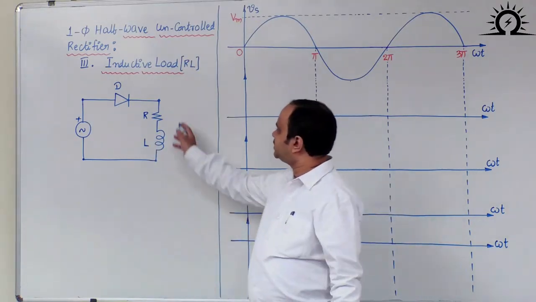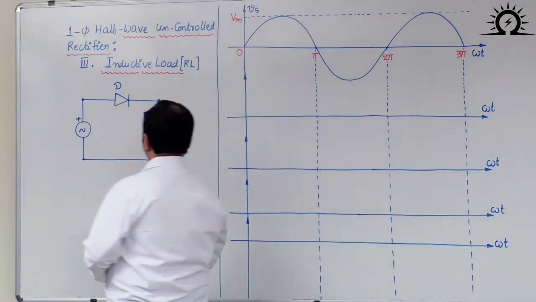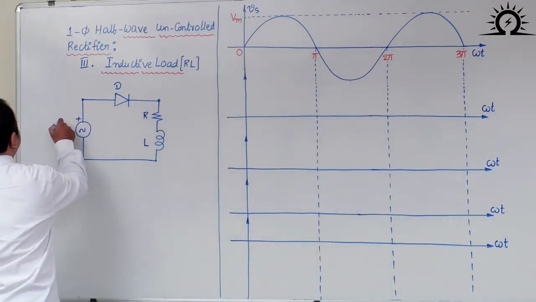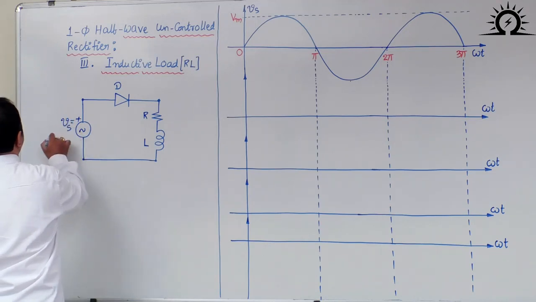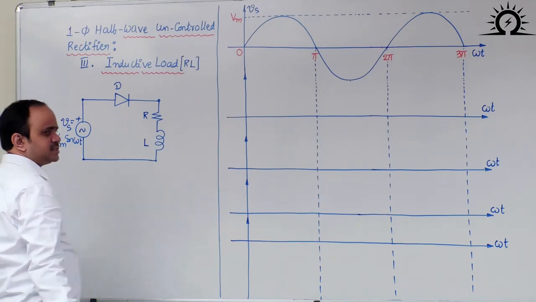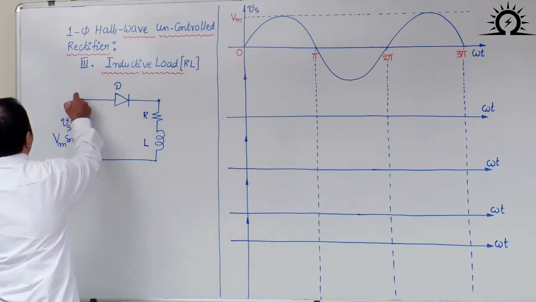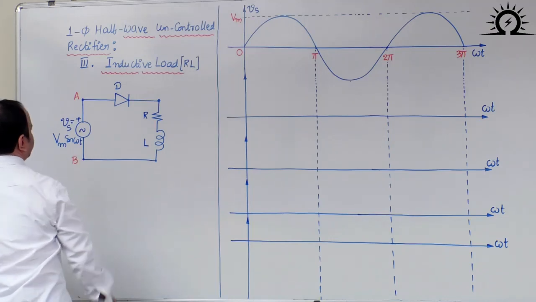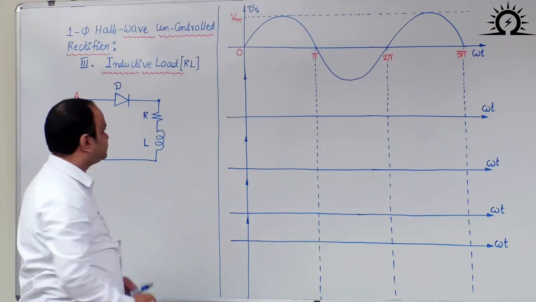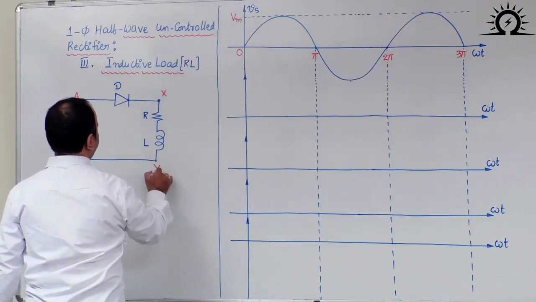All together is represented with some resistance symbol R. So in this case, again, the source voltage is a sinusoidal waveform. Vs is equal to Vm sin omega t. Source terminals are represented with A and B. Load terminals are X and Y.